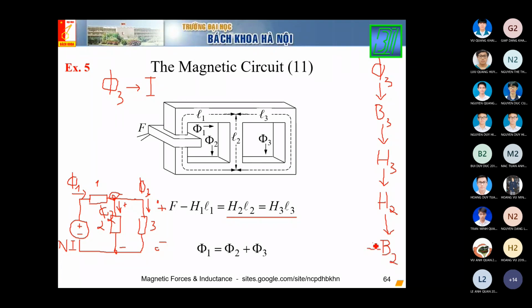And then what's next, guys? What now? B2? Okay, if we are given B2, we can find phi 2. Phi 2 will be B2 S2.